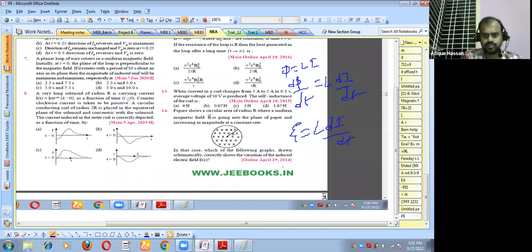So EMF is given, and what is the value of EMF? It is given as 50. L we have to calculate, and di by dt is 3 by 0.1, right?